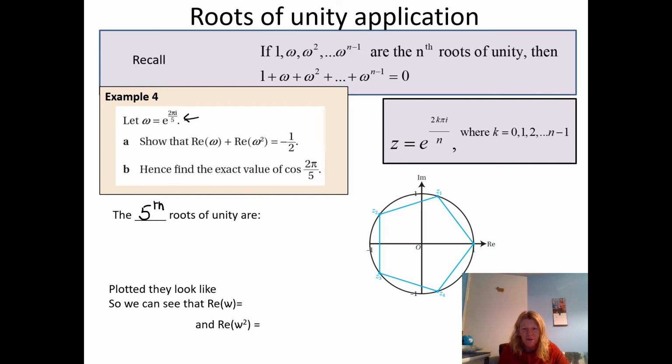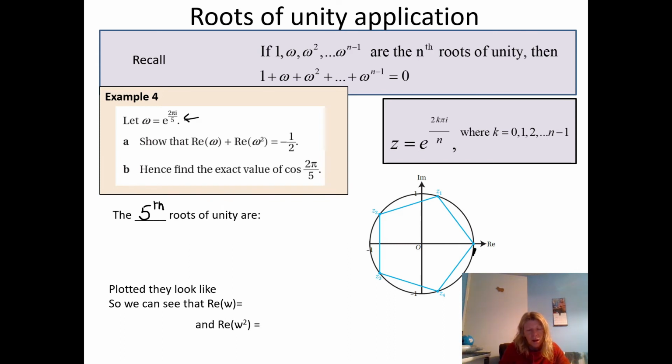Now remember, the fifth roots of unity is a little diagram of them. Must start at 1. This is a 1 there. And they go around to make pentagons. So it's 360 divided by 5, which, if you know what that is, 72.